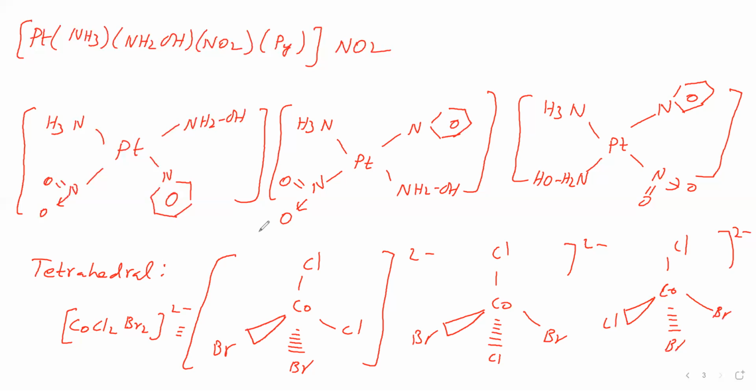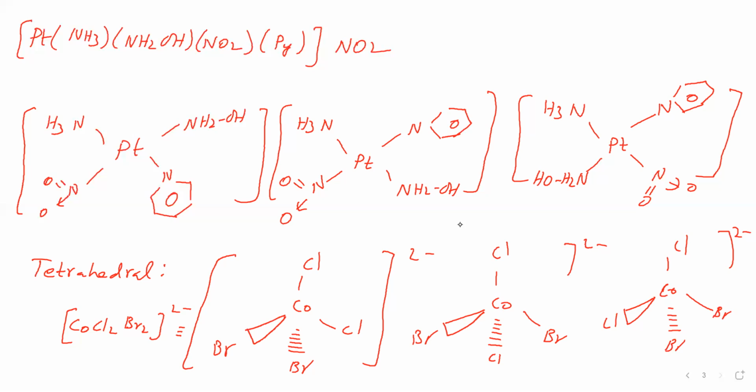Why is it so? Because all the ligands are adjacent to each other in tetrahedral complexes. Therefore, geometrical isomerism is not possible.